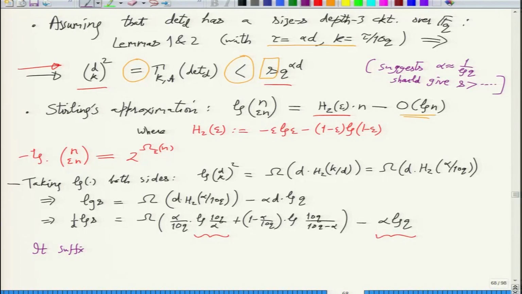So we'll just pick, it suffices to pick alpha and c such that log of 10q over alpha is greater than some constant times q log q. Okay, so then the main part will be a multiple of some constant times alpha log q, which will give you, no, sorry, not alpha, I'm making a mistake, c q log q.